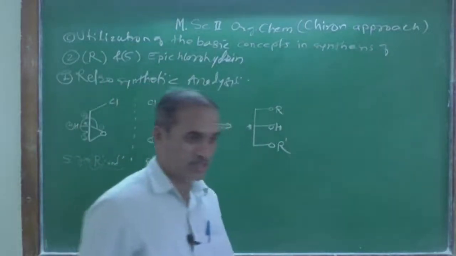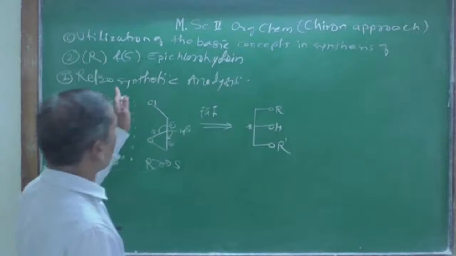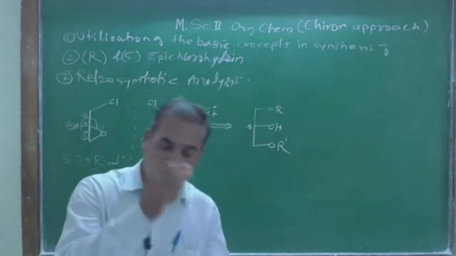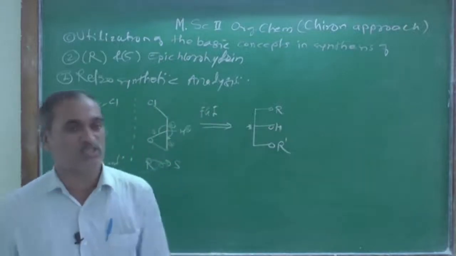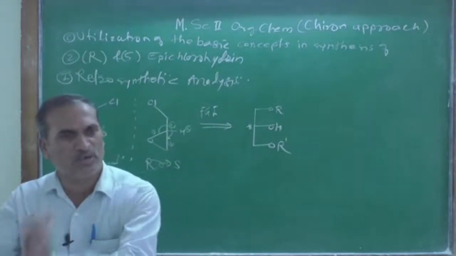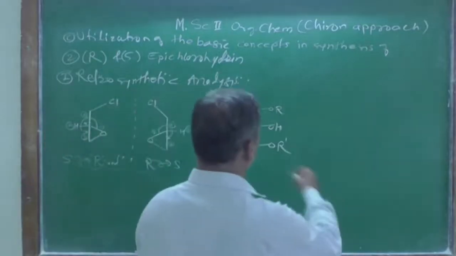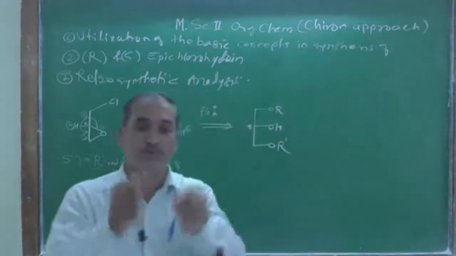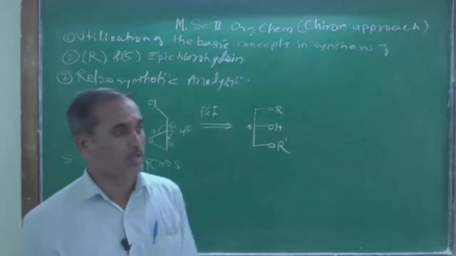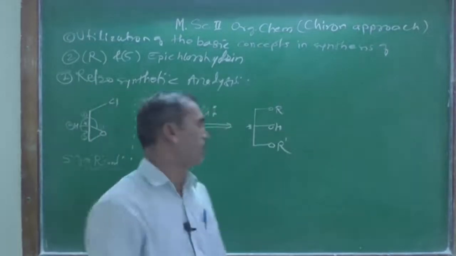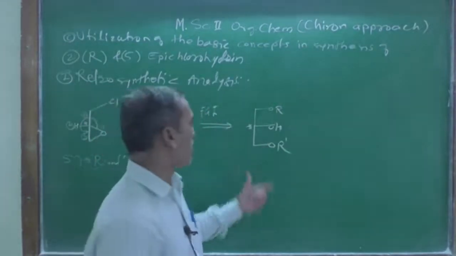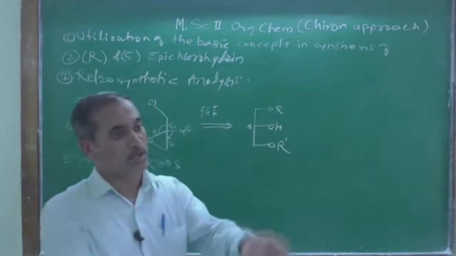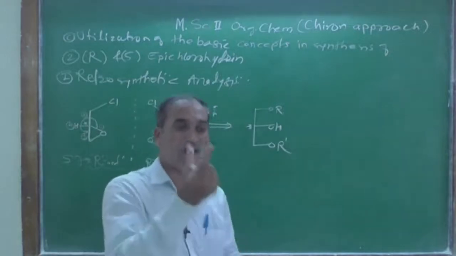And as we know, it is retrosynthetic analysis, it is for half a mark, it is very, very essential, and for all these 6 target molecules there is the same pattern of retrosynthetic analysis. Remember, because we are using a chiron approach, the starting material or the chiral template is a chiron, you can call it, the intermediate is a chiron, and the chiron is obtained from the chiral precursor or template.